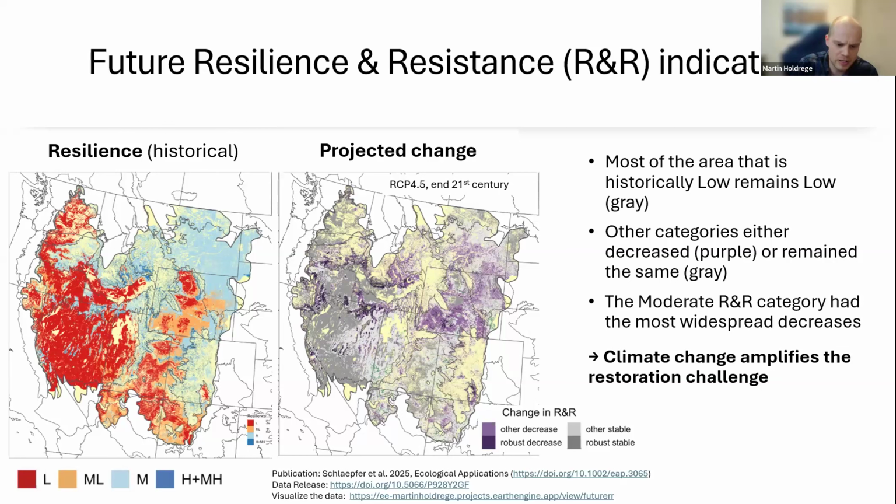But a lot of those are actually places that are currently low resistance and resilience. And so those changes don't necessarily mean stability for sure. It just means that's the lowest category that it can go. And then if you look at, for example, Wyoming, there are a lot of places that are currently moderate. And there you're seeing declines in resilience. So broadly, what this is suggesting is that climate change is amplifying the current restoration challenges that we have in the sagebrush region.